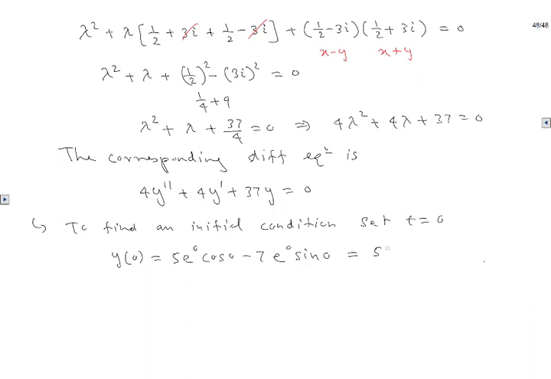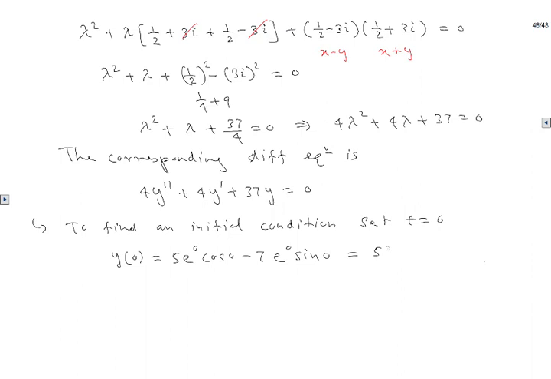So that's the one condition that you may have had at the beginning. And also, we can take the derivative of the solution and plug in 0 again to find another initial condition, or we can find a different kind of condition. We can find what we call a boundary condition. We can plug in another value other than 0.